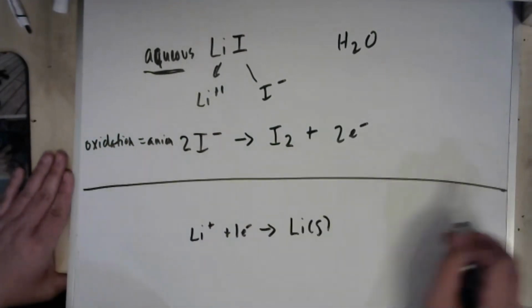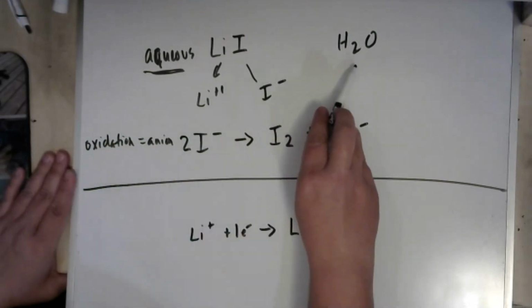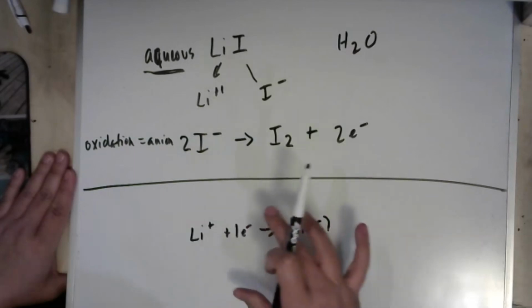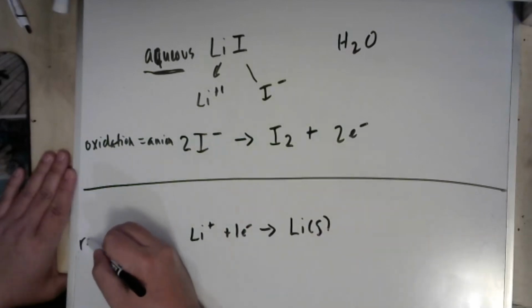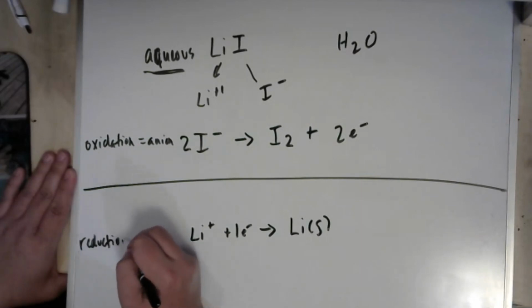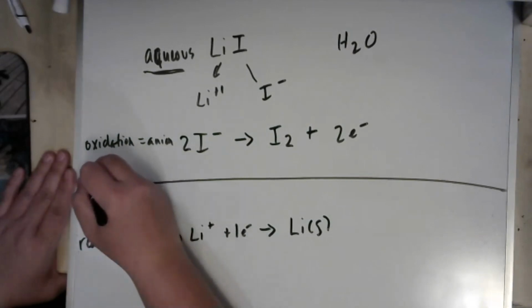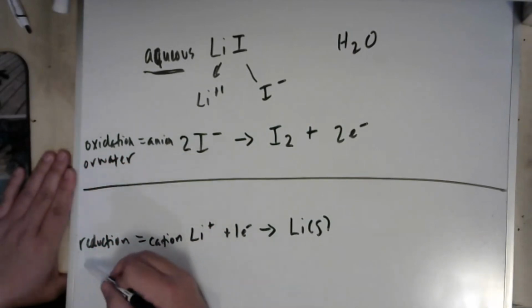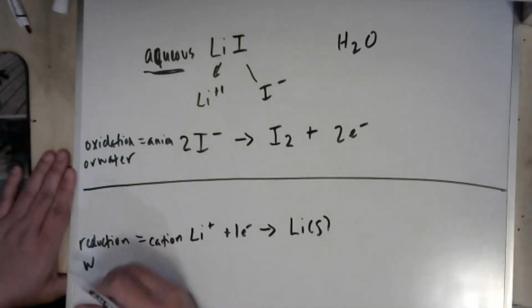In this case, we have to compare the oxidation of the anion to the oxidation of the water and see which one is more likely to be oxidized. And then we have to do the same thing for the lithium down here. So reduction is going to be the cation. And in both of these cases, it's going to be water, because there's nothing else competing here except for the lithium iodide and the water.